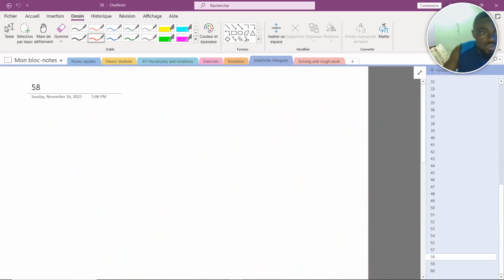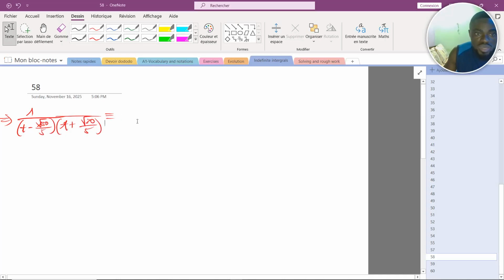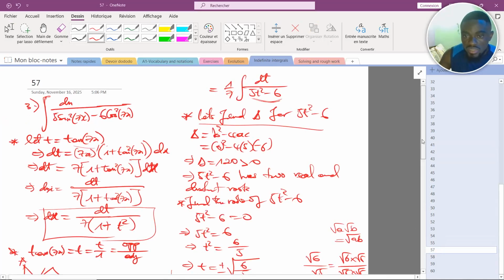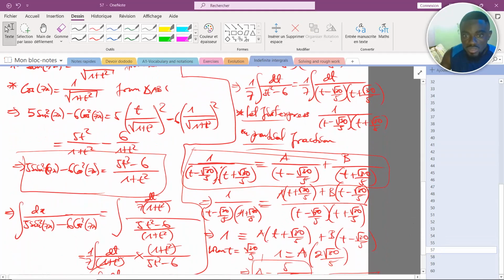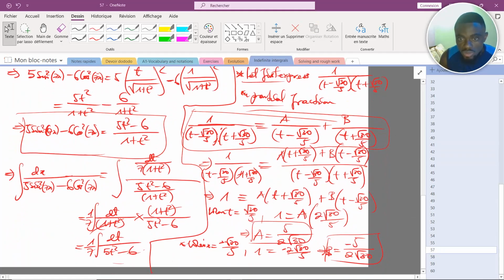So it implies 1 on t minus root 30 on 5 into t plus root 30 on 5 would be identical to what in partial fraction? Here it is. Our A is 5 on 2 root 30, and our B is what?